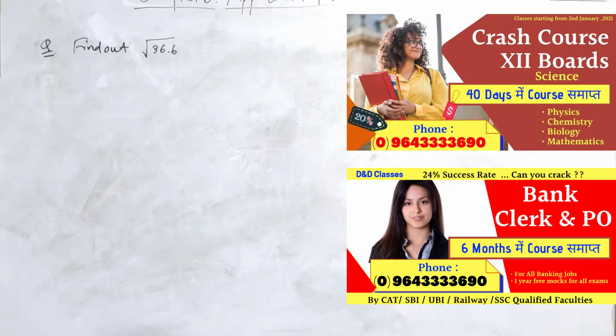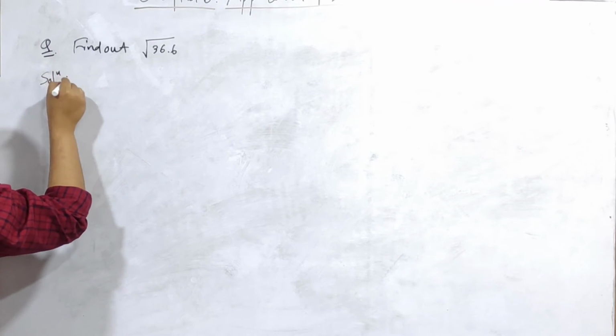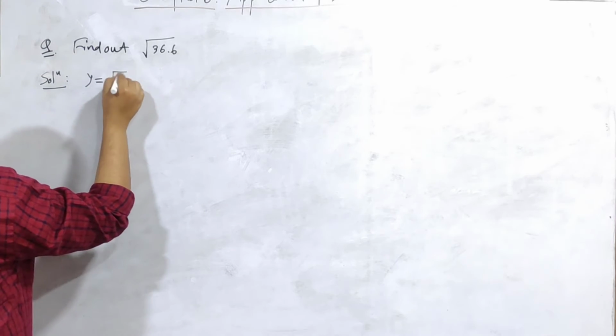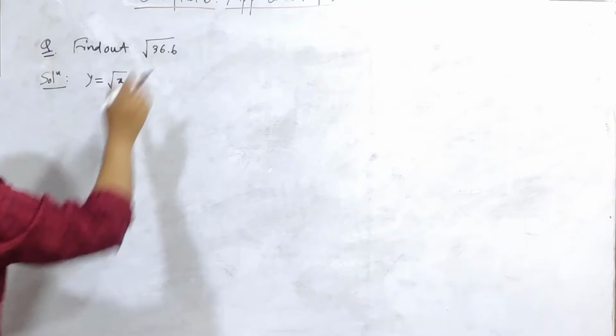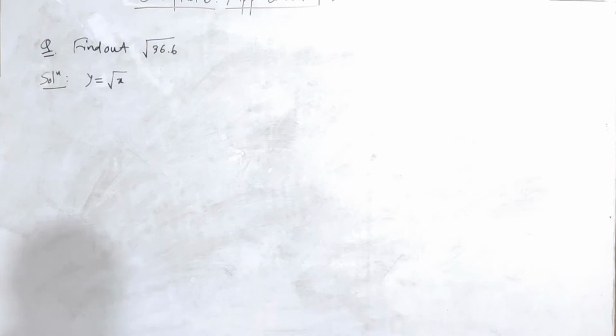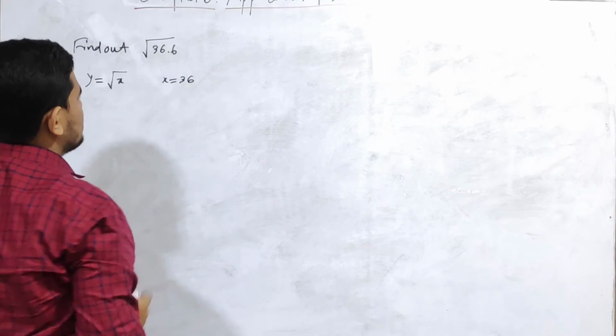So what you will do here is, let's suppose y equal to root x. So this is the functional form to find root of 36.6. Now here I will take x equal to 36.